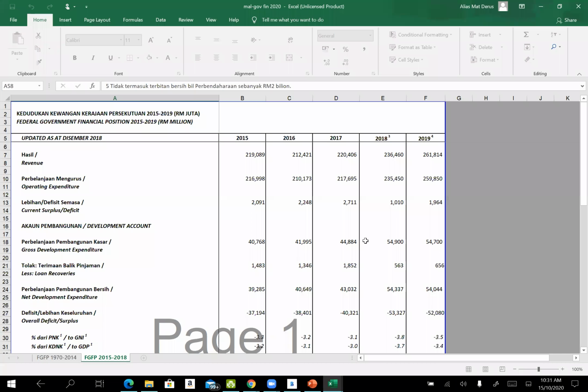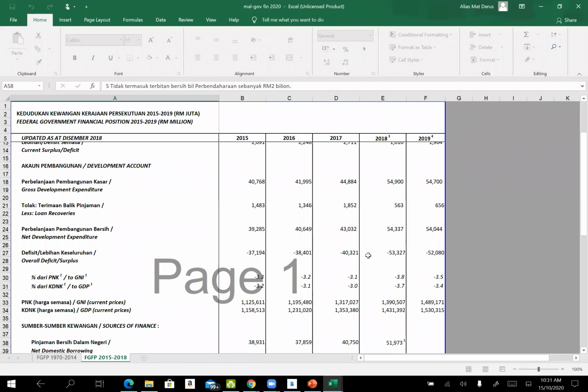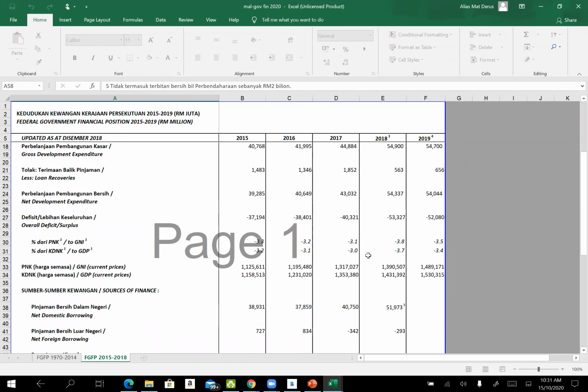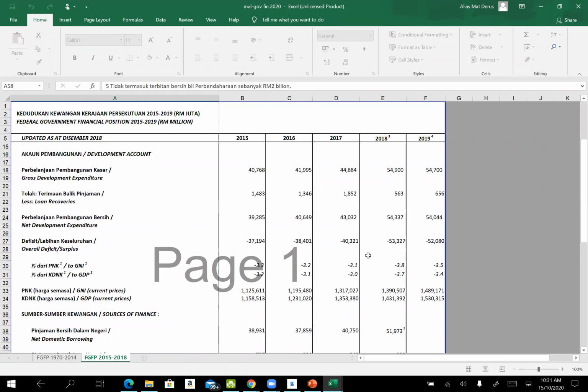So how do we cover the development expenditure, because our revenue is about the size of the operating expenditure? By getting foreign direct investment. Foreign direct investment is more private. Now we're talking about the government, the public capital.